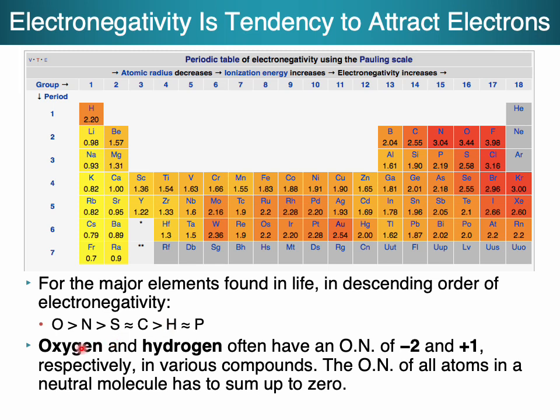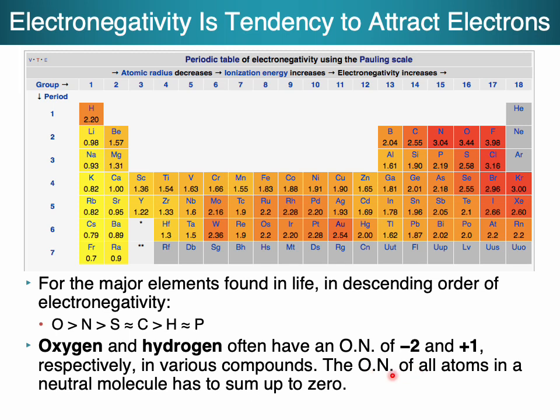So oftentimes oxygen and hydrogen can be considered to have an oxidation number of -2 and +1 respectively in various compounds, because usually in an organic molecule, oxygen is the most electronegative element, and hydrogen is the least electronegative element within that molecule.